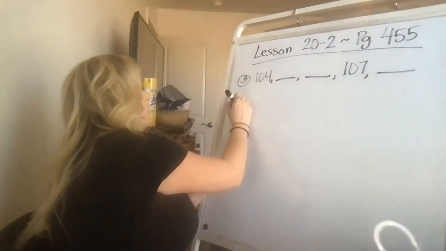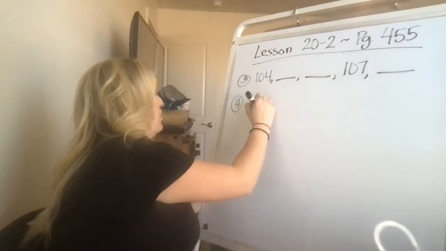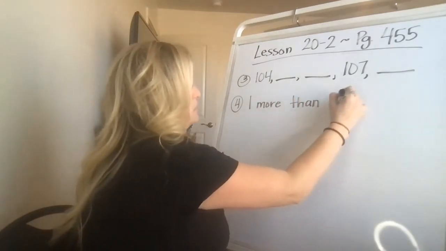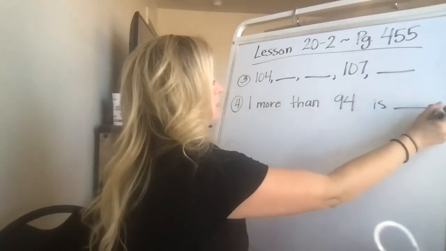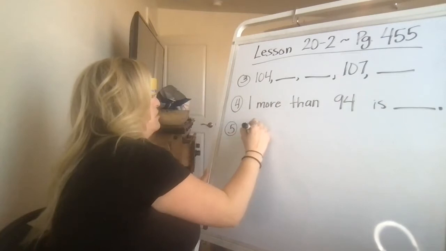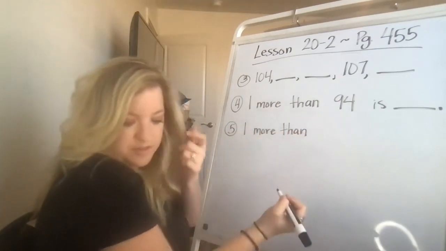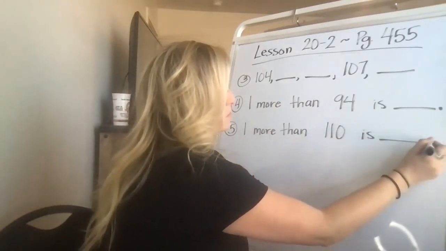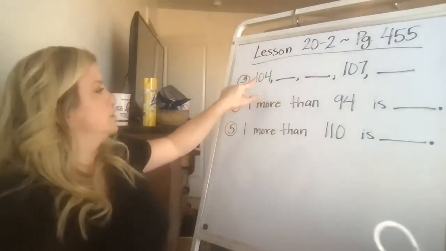Now number 4, I'll come back to that one, says 1 more than 94 is blank. Number 5, 1 more than 110 is blank.